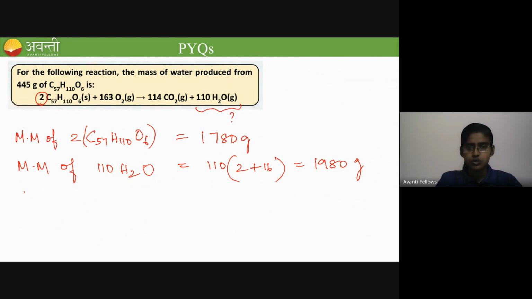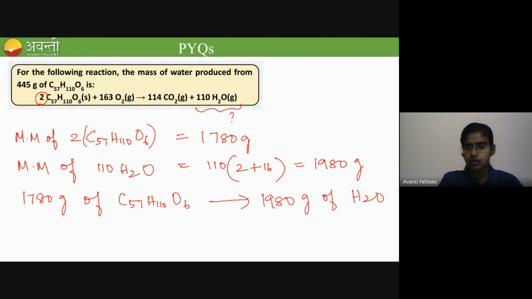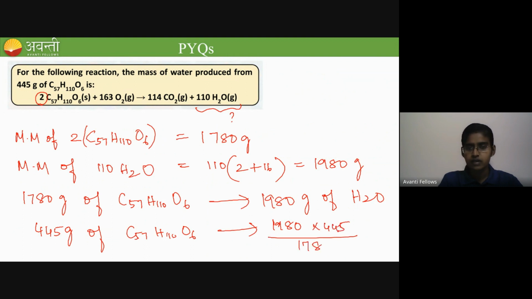Okay, so 1780 gram of C57H110O6 gives 1980 gram of water. But 445 gram of the given compound would result in, let's cross multiply, 1980 into 445 divided by 1780.